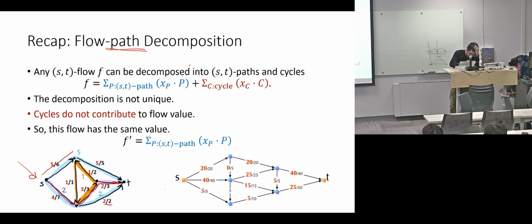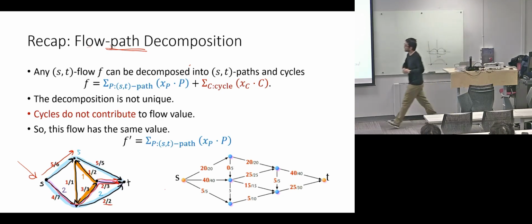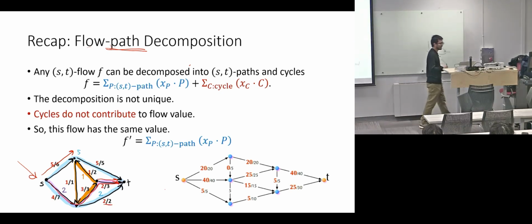Go like this, and then like this, cancel this one basically, and then go here. Isn't the edge pointing the other direction? Yeah, but I have sent flow in this direction, so I could have canceled it and then come here. Okay.